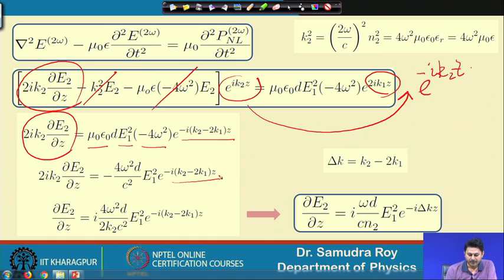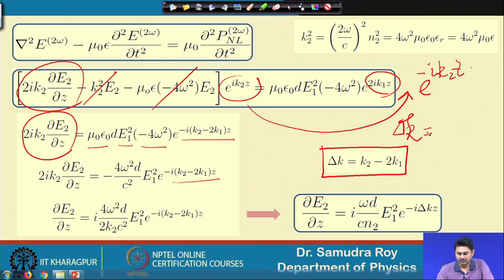Now we define a very important term here, which is delta k. Delta k we call the phase mismatch term, which is nothing but k 2 minus 2 k 1. So, k 2 is the propagation constant or the wave vector for the second harmonic wave, and k 1 is the propagation constant of the fundamental wave.